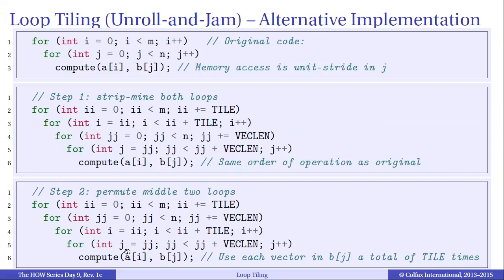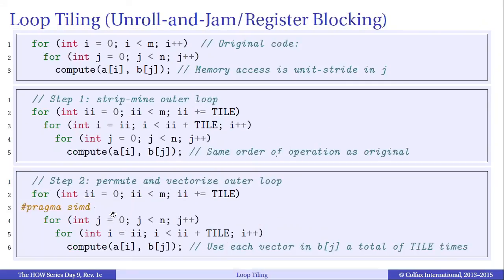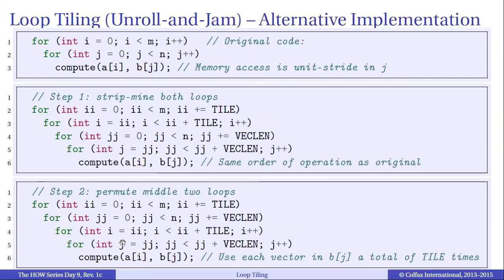And then outside of this loop you have the loop in I, which increases your data reuse, and then outside of that you have the loop in J. So this code is equivalent to the code that I showed in the previous panel with the pragma SIMD. This is exactly the same as that. So this is what unroll and jam does.